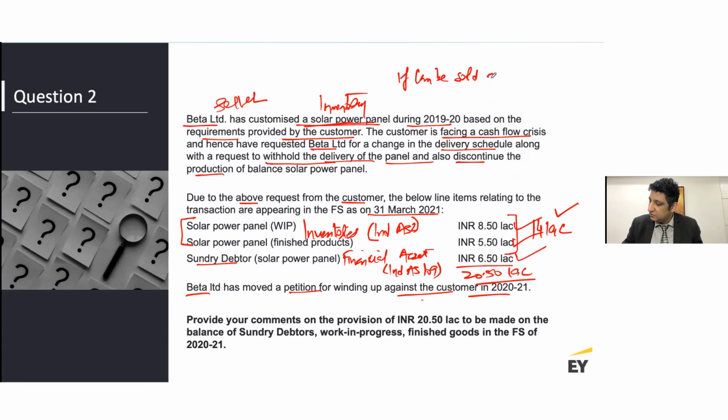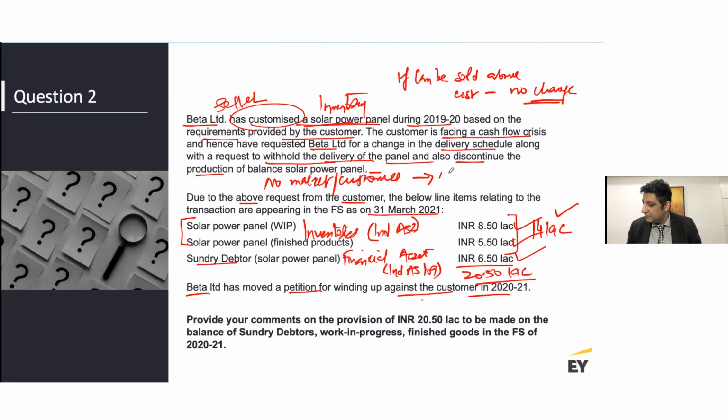If it can be sold above cost, there is no change that is required to be done. Okay. However, if the inventory, being a customized one, has no market or customer for the solar power panel, it simply means that the entire inventory has to be written down to a nil value because it cannot be sold practically.